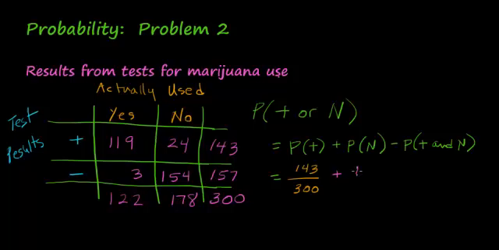A total of 178 did not use marijuana out of the 300 that were tested, minus, now we want the probability that someone tested positive and they did not use. So we're looking for the intersection of positive test, did not use. So when we intersect positive test and did not use, we're right here, these 24, positive and no. So 24 out of 300. Okay?